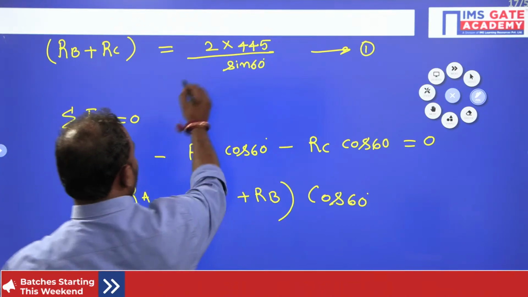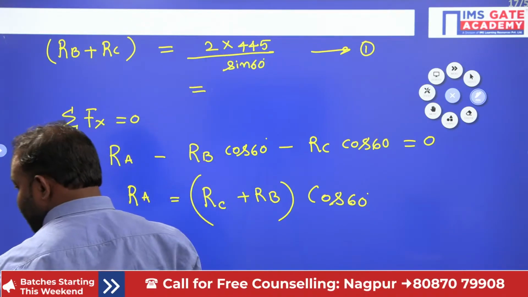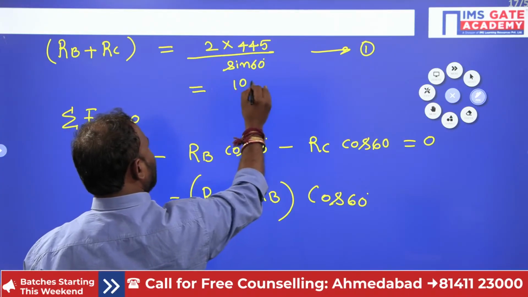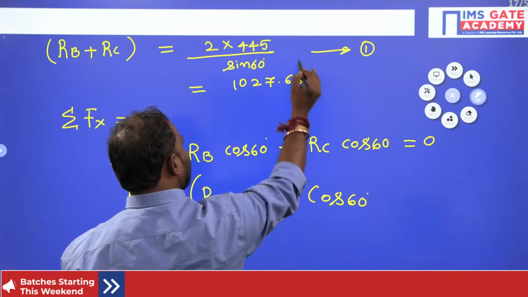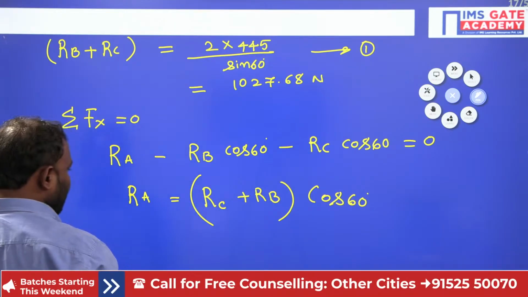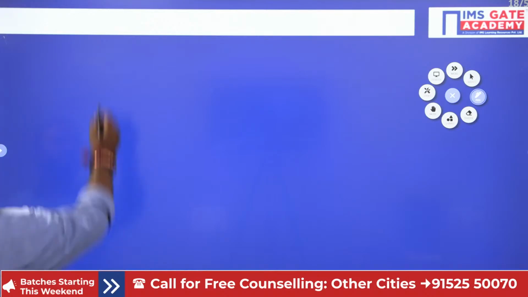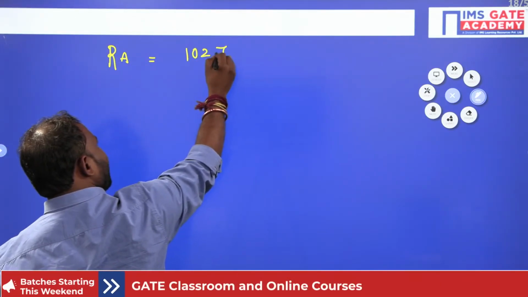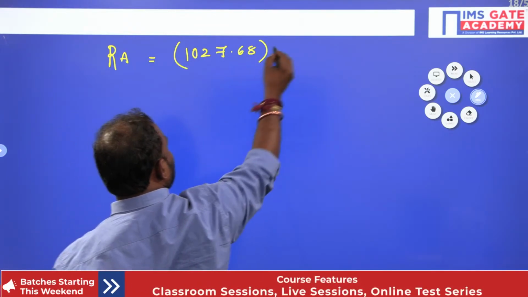Now here if I solve this, with all the numerical values, I am going to get 1027.68. Now substitute this value over here. Now here RA equal to 1027.68 into cos 60.